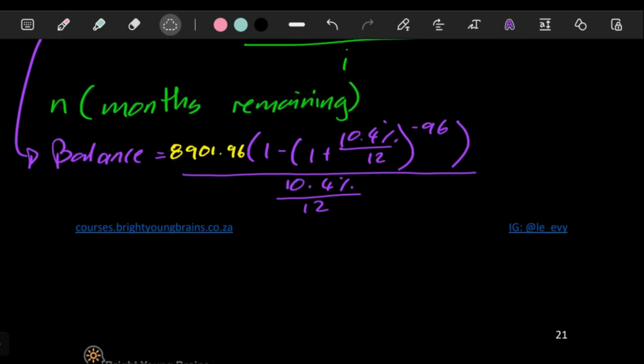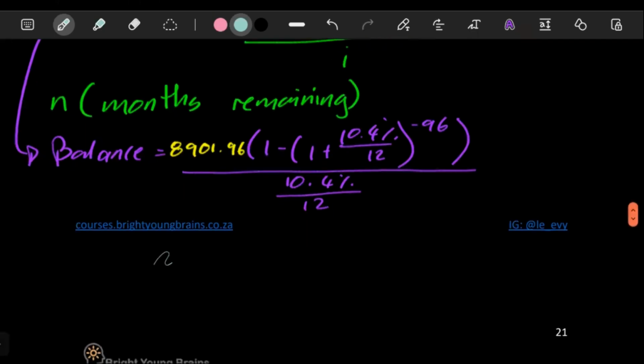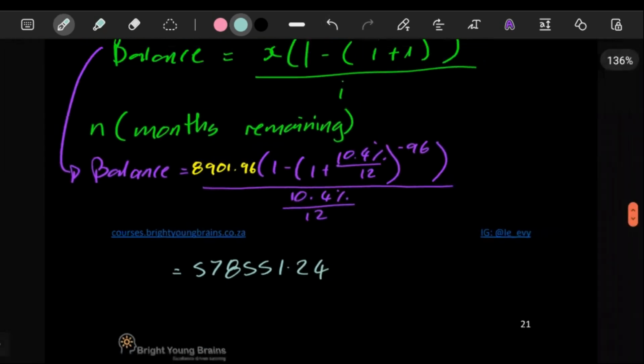So we have to use this original value when we're getting the balance. Let's put that in the calculator. In the calculator, we're getting 578,551.24. There we go.